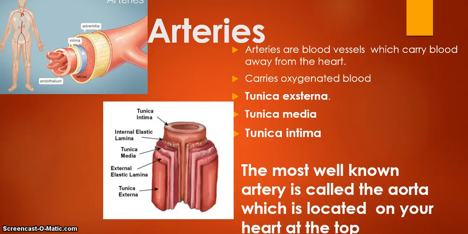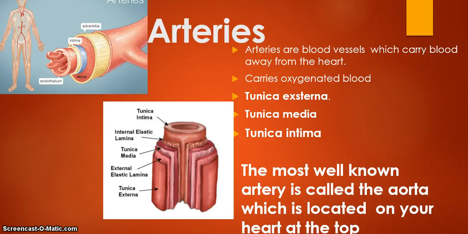Tunica media. This is the middle layer of the arteries and it consists of smooth muscle and elastic fibers. This layer is thicker in the arteries than in the veins. Tunica intima, sorry if I said that wrong.